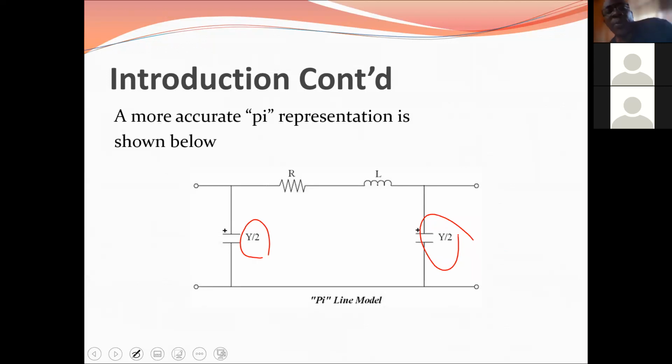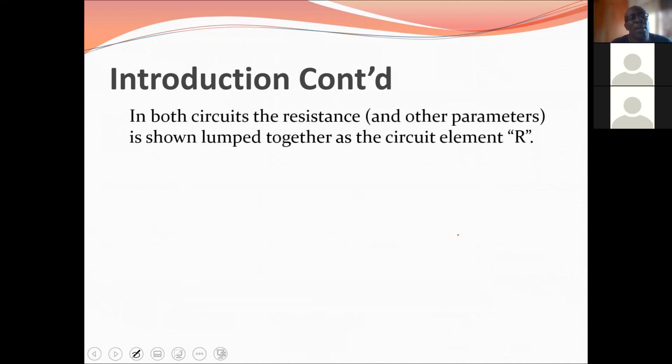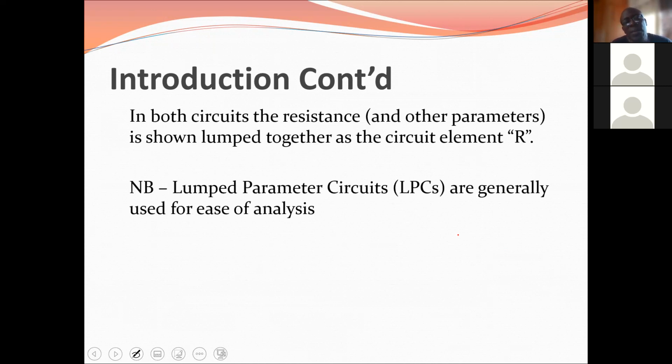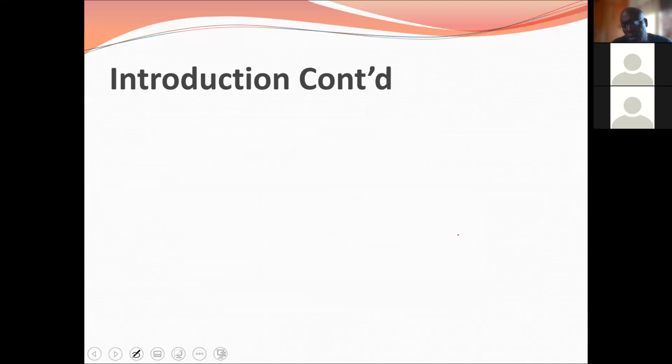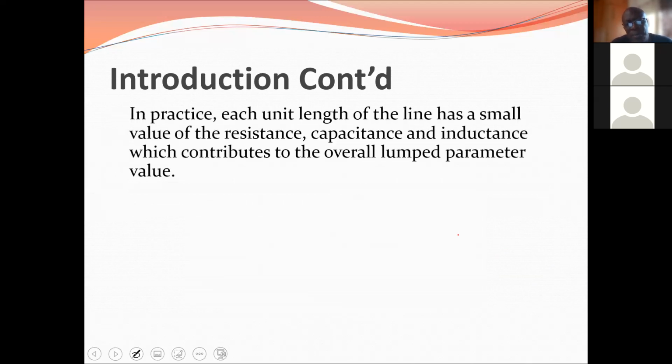These parameters would have been explored in lab number 1, where you looked at the impact of changing these parameters on the operation of your power system. Now, as we said, for both these circuits, we are dealing with lump parameters. And we know what lump parameters are. And that just helps us with easy analysis.